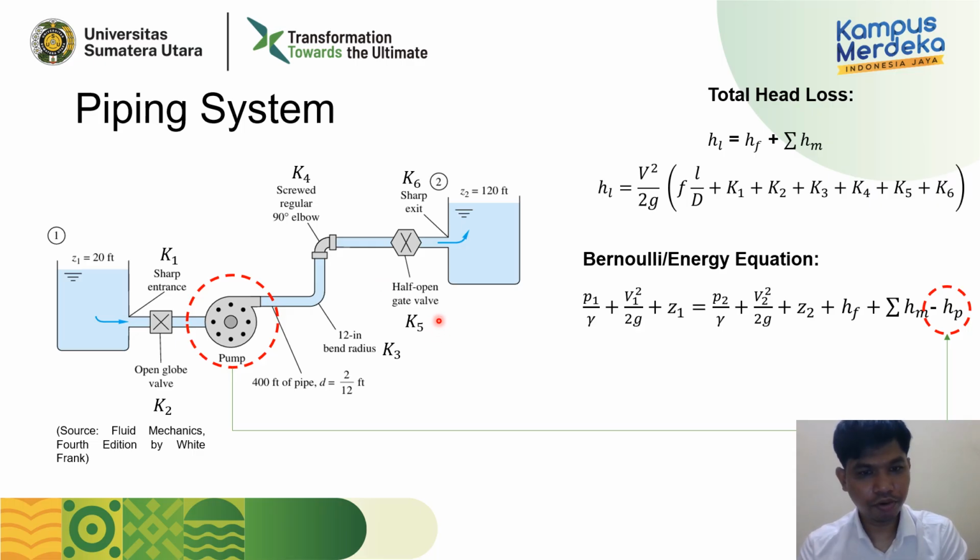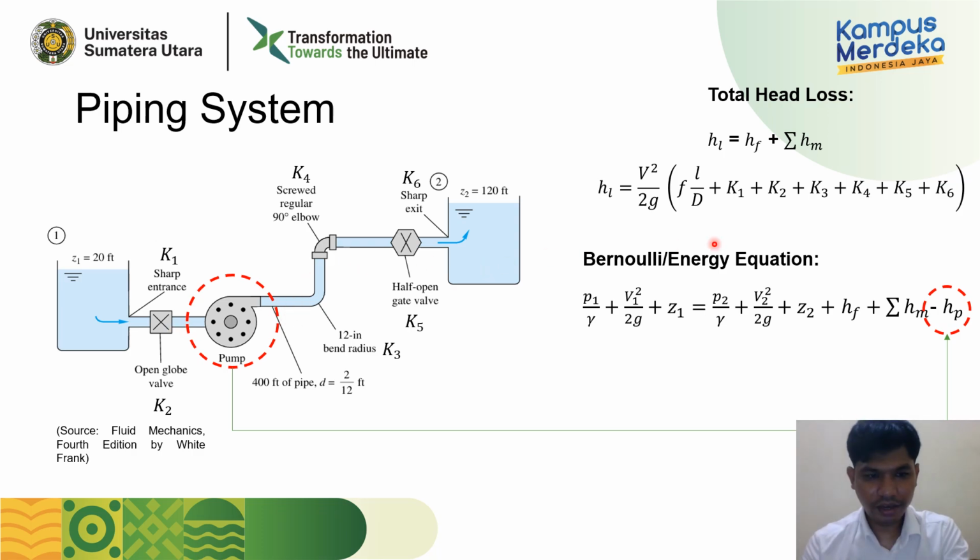And we have another valve, which is K5, and the last one, sharp exit, as K6. That's why we have K1, K2, K3, K4, K5, and K6. And other than that, we also have these major losses since we use pipe. So of course we have friction here, here, and also here.